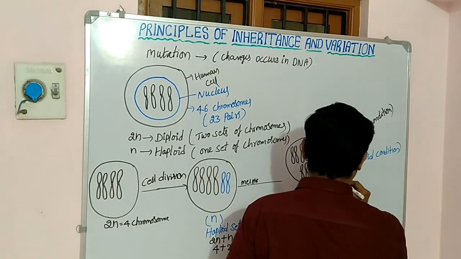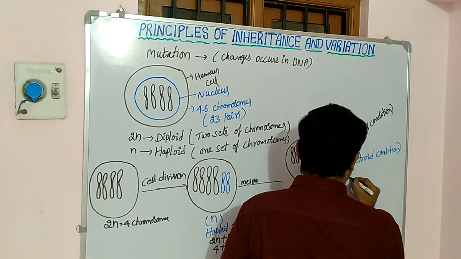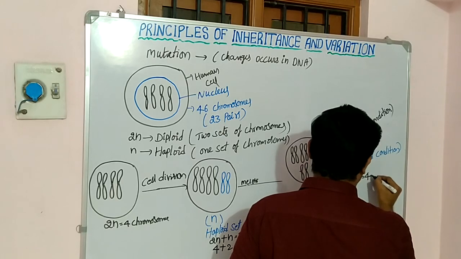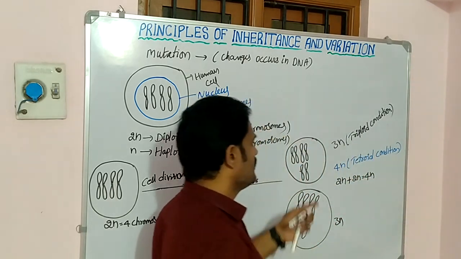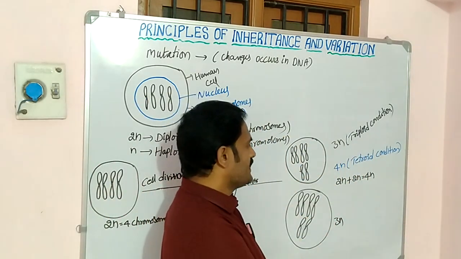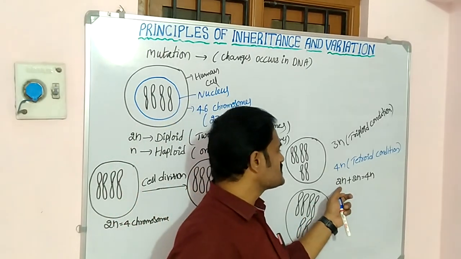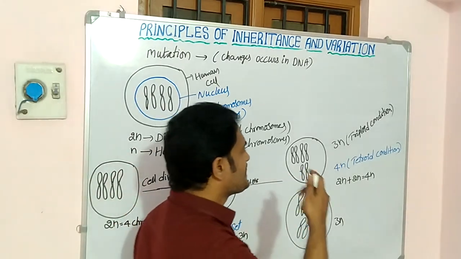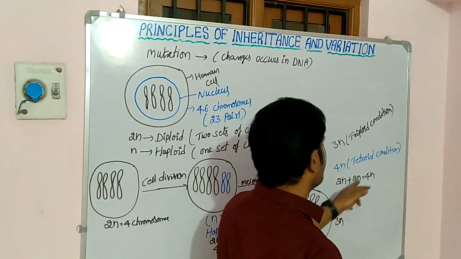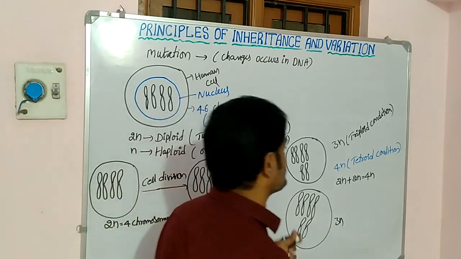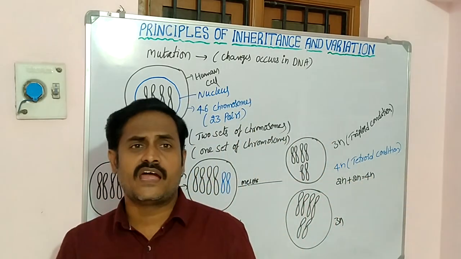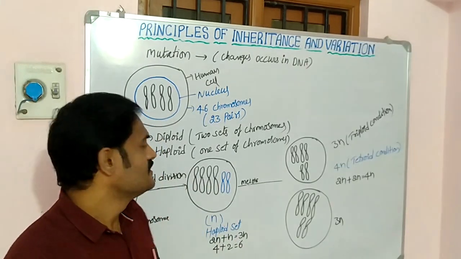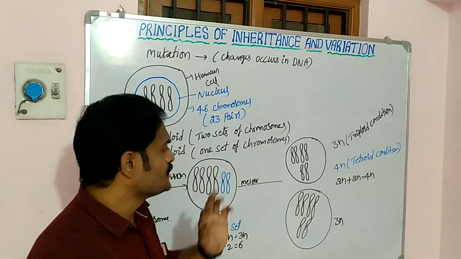The 2n diploid cell gains one more 2n set, and it forms 4n. 4n means a total of how many chromosomes? 2n means 4, 2n means 4, total 8. Like that, the number also increases here. This 4n chromosome condition is called a tetraploid condition, and the condition changes during the mutation.